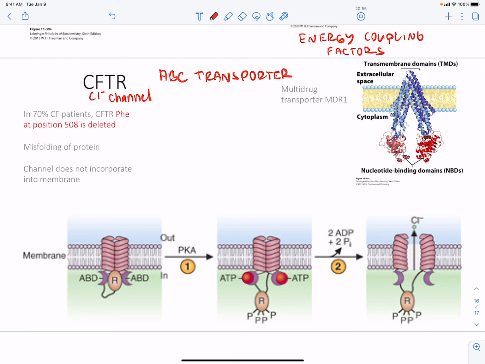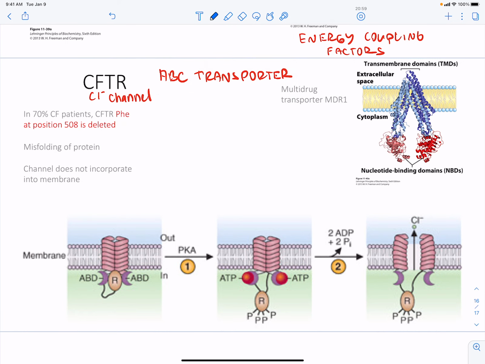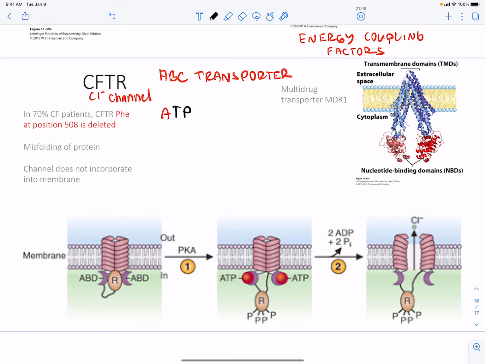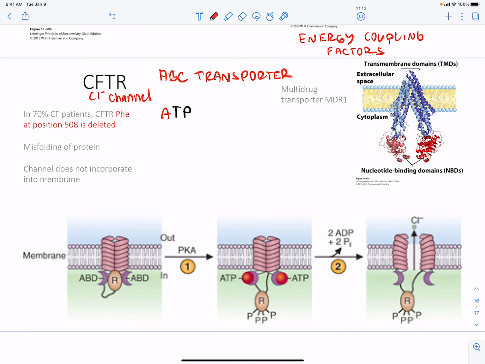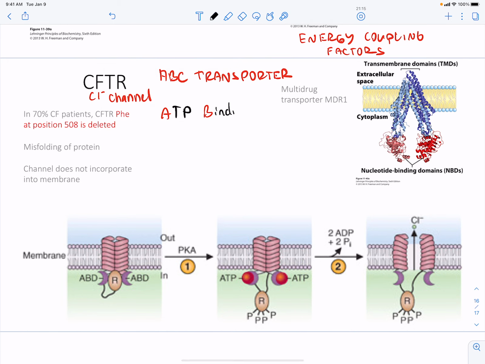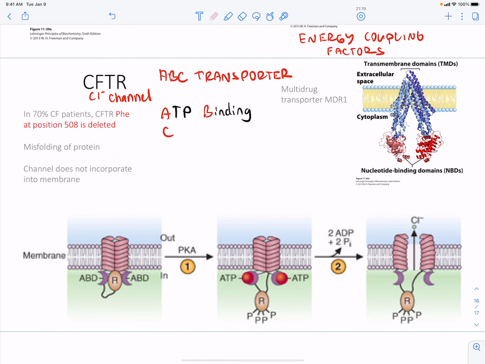ABC stands for ATP binding cassette transporter superfamily.